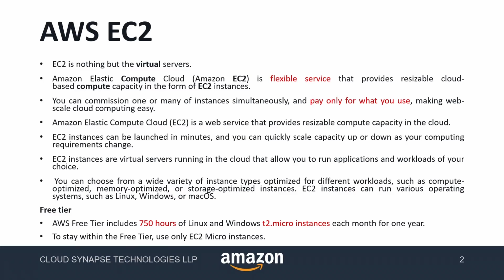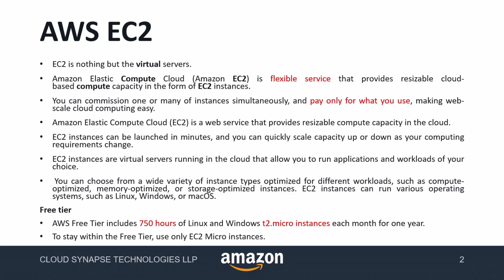AWS has a wide variety of instance types, like compute optimized, memory optimized, and storage optimized instances. AWS also has a wide variety of operating systems, such as Linux, Windows, and Mac OS, which you couldn't find with many other cloud providers.